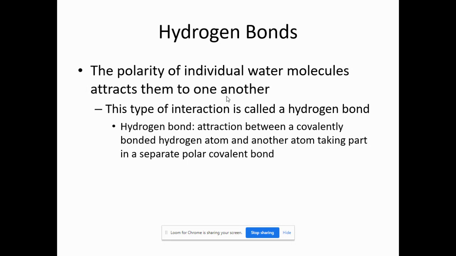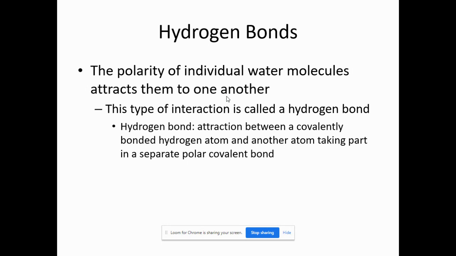Keep it straight: within an individual water molecule, the O and the two H's are bonded through polar covalent bonds, but you also have bonding between neighboring water molecules. Those attractions are referred to as hydrogen bonds.